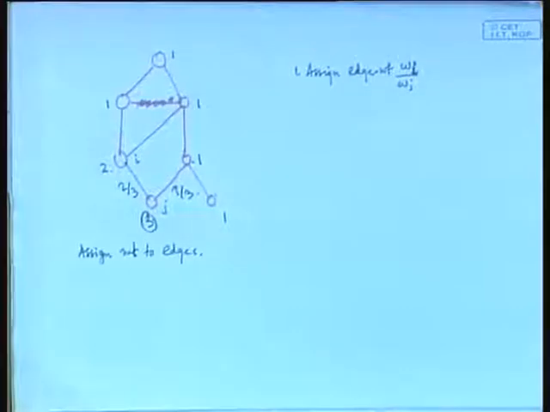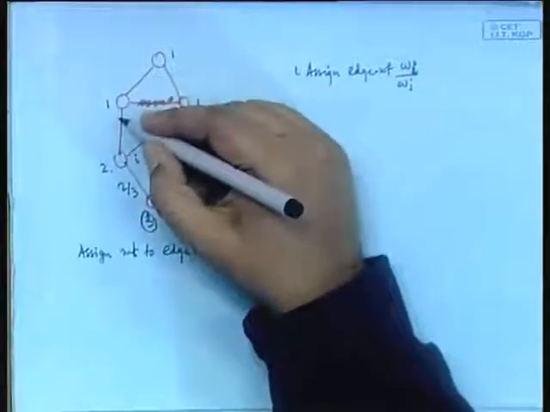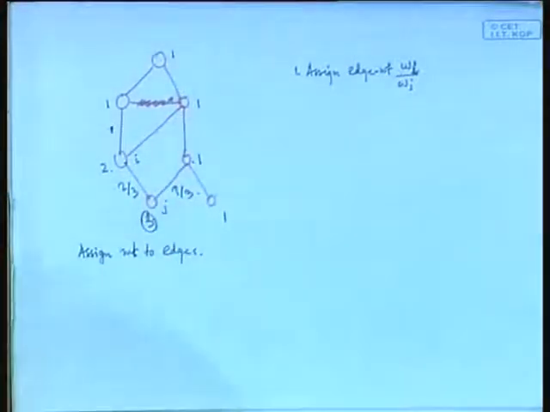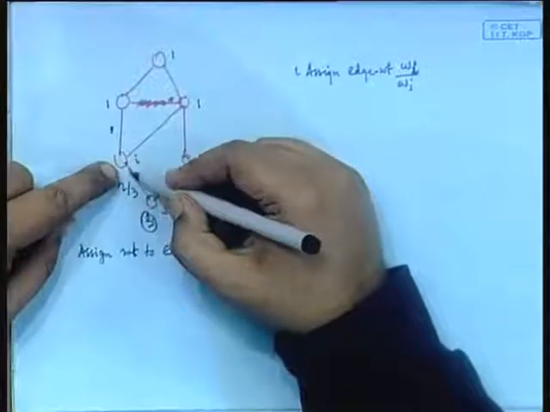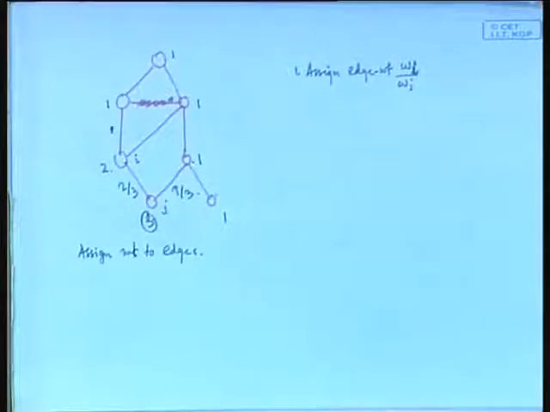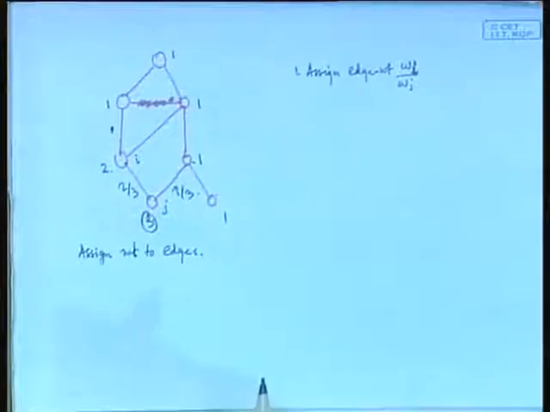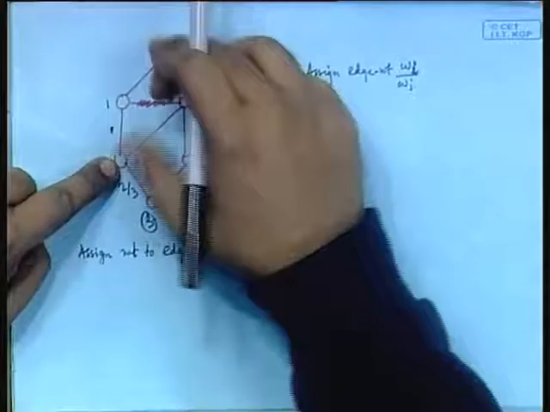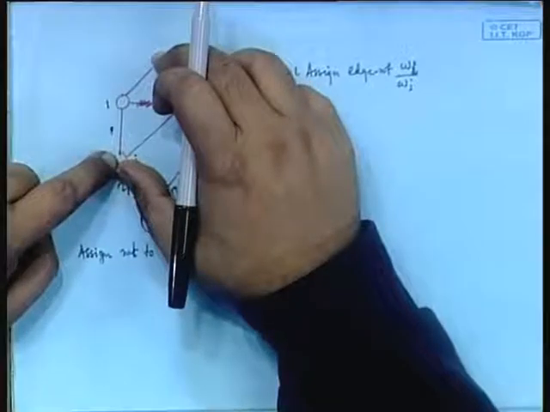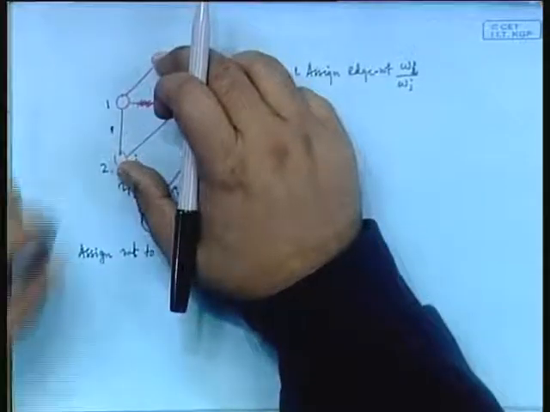Clear? Okay. Now, come to this node here. So, how much should be assigned? Let us think how many shortest paths are coming here? Half here, half here.